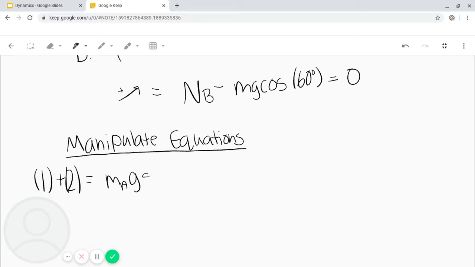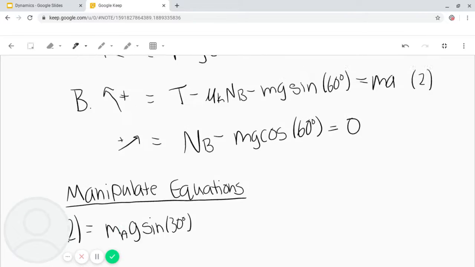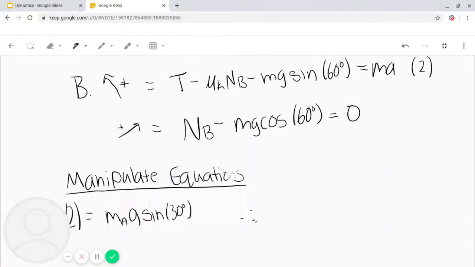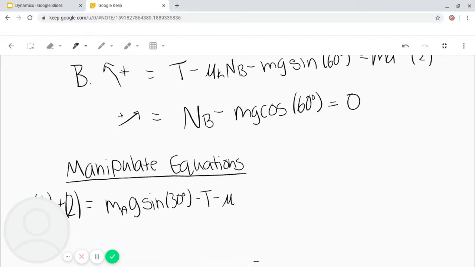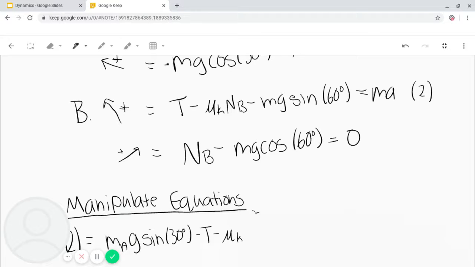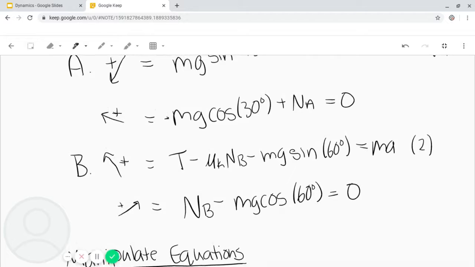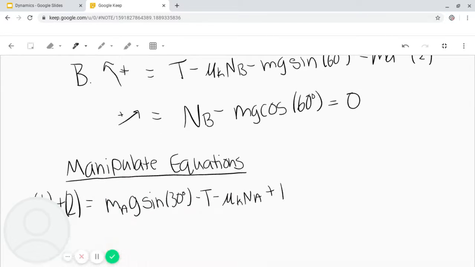So m_A g sine 30, and then minus T minus mu_k N_A, and then we have plus T minus mu_k N_B minus m_B g, that would be cos, sine, that would be sine 60, equals g times (m_A plus m_B).